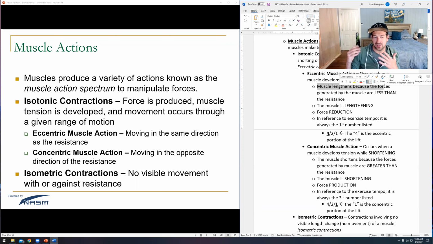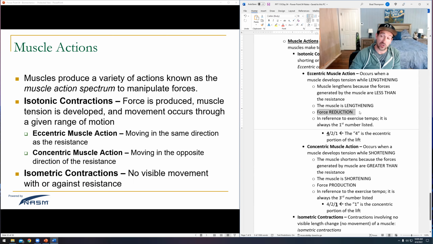If it's working against a 5-pound dumbbell, the muscle is generating 4 pounds of force, right? So if I had a dumbbell in my arm, let's say it's 10 pounds, and I generate 8 pounds of force, that's less, right? So my arm's going to lower down, right? That's an eccentric. The muscle is going to be pulled apart. So eccentric is the muscle lengthening.